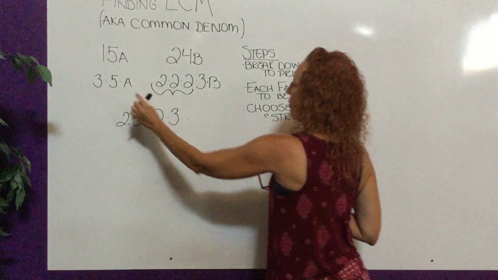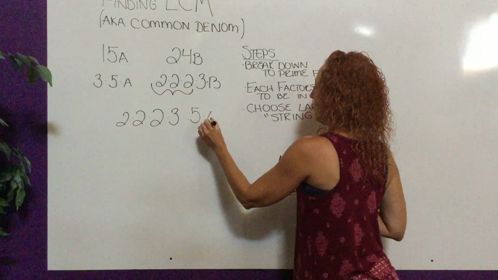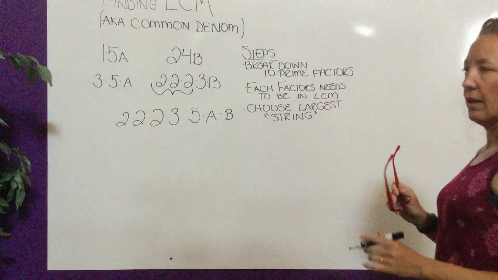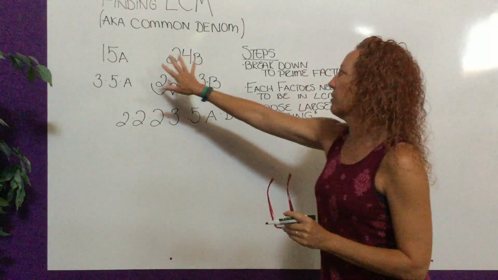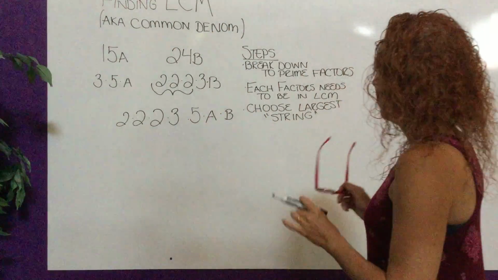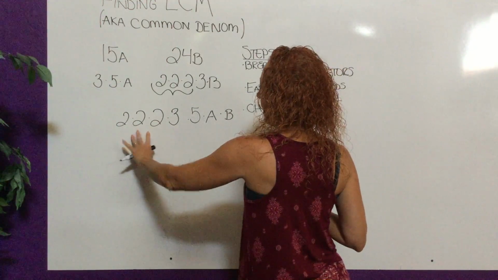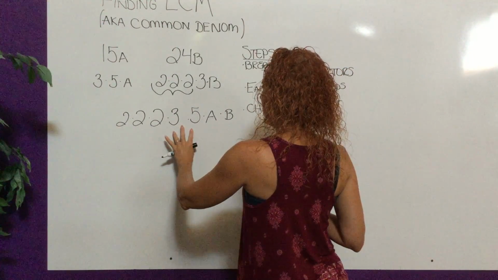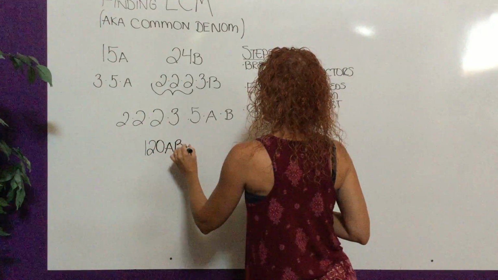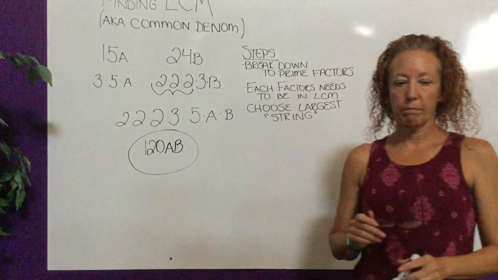I need to make sure I include that 5, that a, and that b. So my common denominator, if these were denominators in some fraction and I wanted to add or subtract them, my common denominator would be 8 times 15 is 120, a, b.